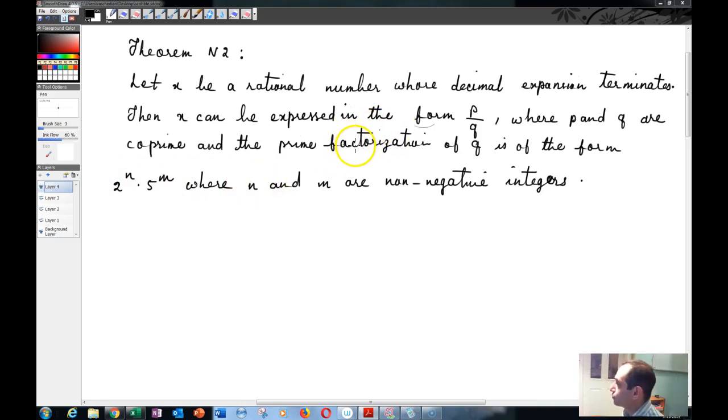Now, any rational number of the form a by b, if b is a power of 10, will have a terminating decimal expansion, because at the end of the day it's some integer divided by a power of 10, and then you just keep moving the decimal point around, whether 2 decimal places, 3 decimal places, 4 decimal places, and so on.